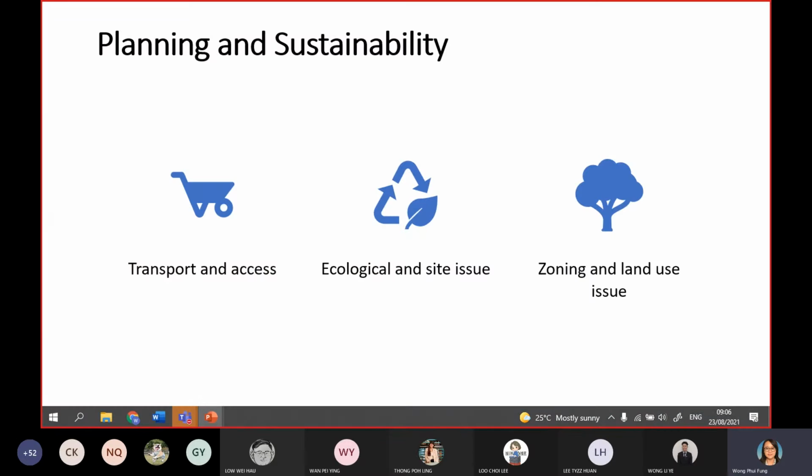For the planning stage, typically we can focus on transportation and accessibility, ecological and site issues, and zoning and land use issues. These three actually play an important role in the planning stages.